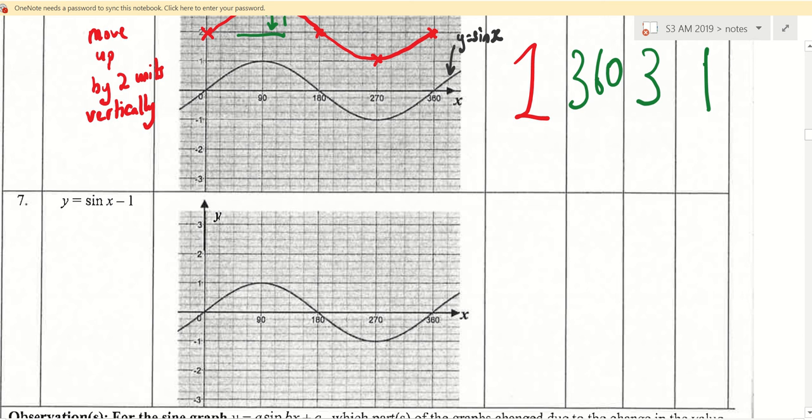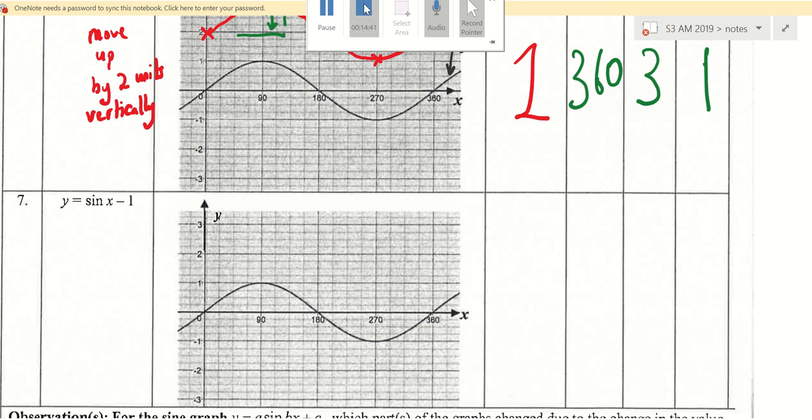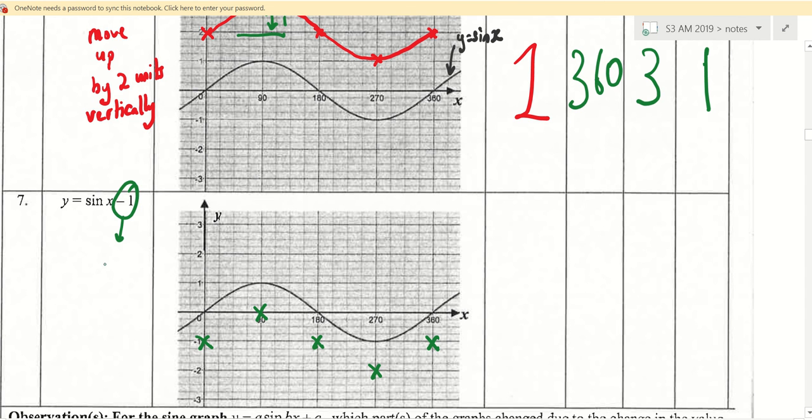So -1, you want to try? I pause the screen. If I let you copy some more, many of you will sleep. So -1 means move 1 unit downwards, right? So then you have something like that. So amplitude, try again. Amplitude is 1. The period?